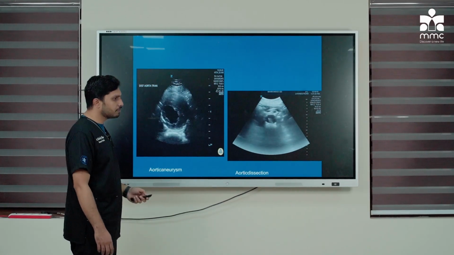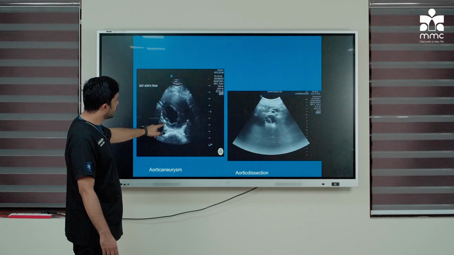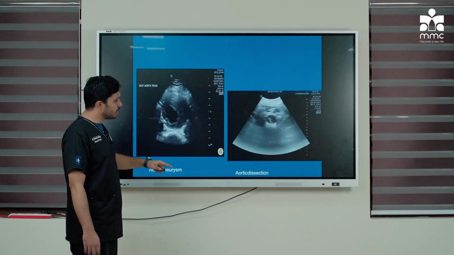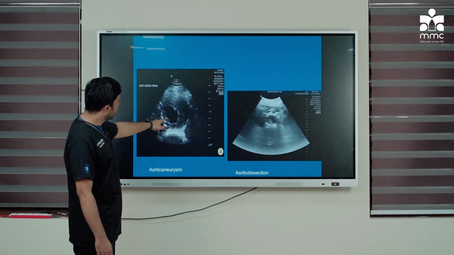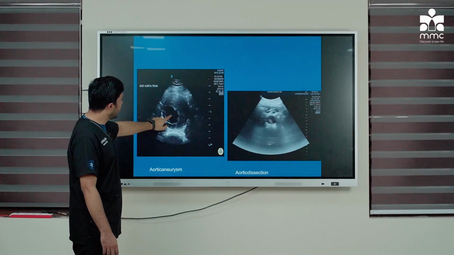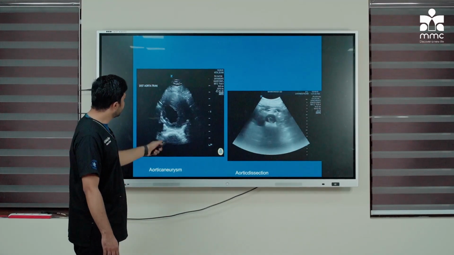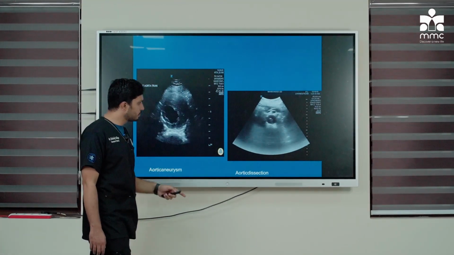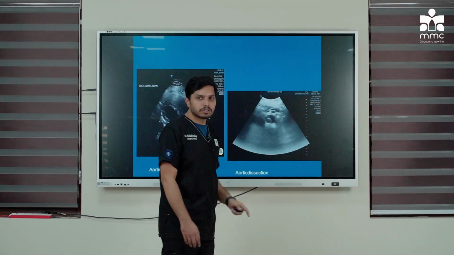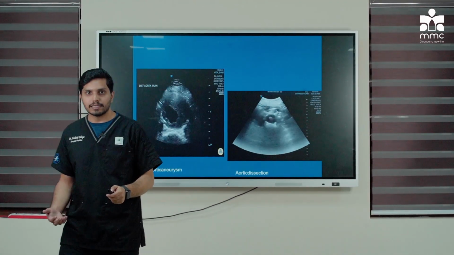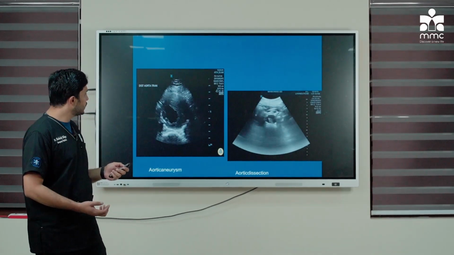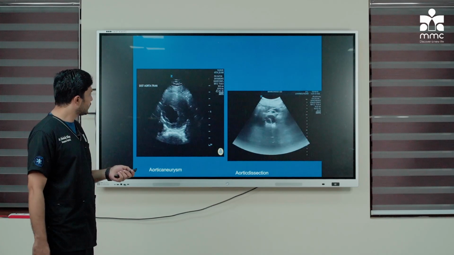It is because of the thrombus formed around the walls of the aorta, inside the aorta. So it is showing a false lumen and a true lumen, and we can see an aortic aneurysm. And here you can see a flap inside the aorta. That is what we see in aortic dissection. In both cases the patient will be in shock, and we have to identify these patients and intervene immediately.